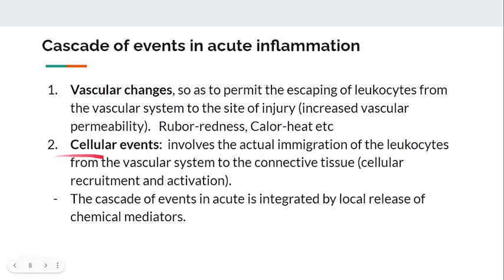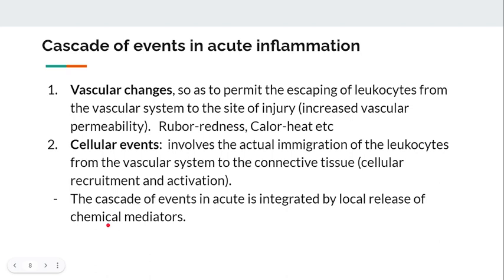So we're going to look at some series of events which involves the actual immigration of leukocytes from the vascular system to the connective tissue. Okay, so the connective tissue is where we have that inflammation taking place. So this cascade of events in acute inflammation is integrated by local release of chemical mediators.